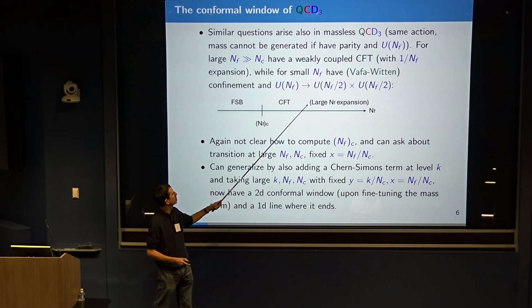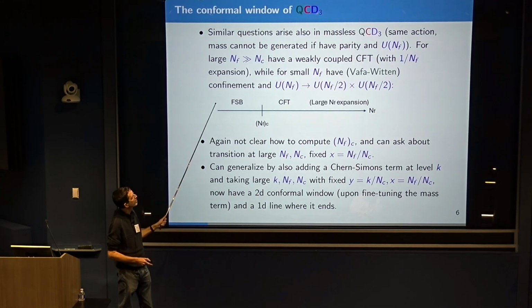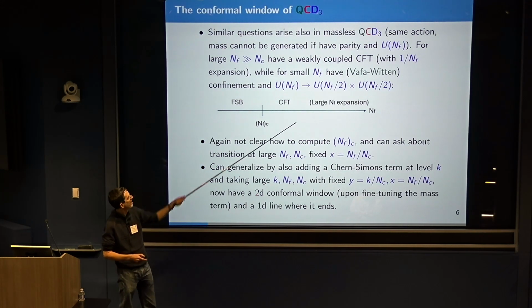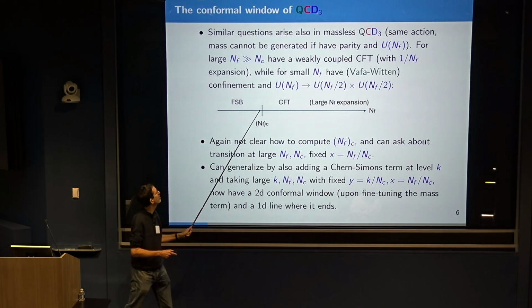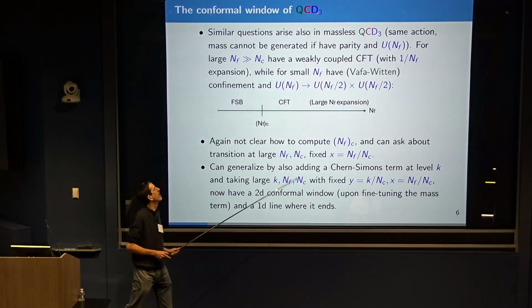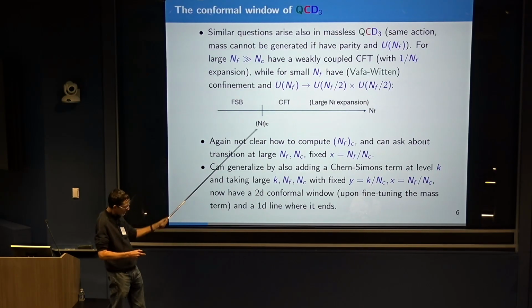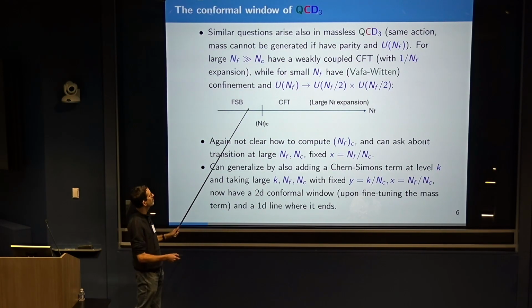So when N_F is much bigger than N_C, again, we have a weakly coupled conformal theory, while we know that for a small number of flavors, I guess 40 years ago, Vafa and Witten proved that in this regime, we have chiral symmetry breaking to U(N_F/2) cross U(N_F/2). So we have a very similar phase diagram to the one that we have in 3+1 dimensions.